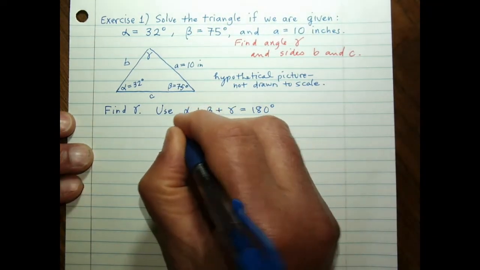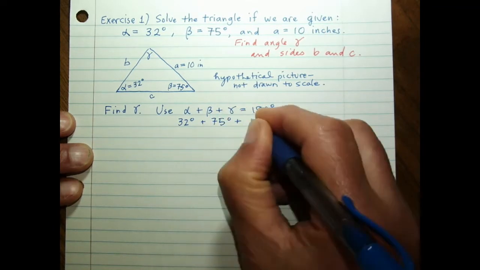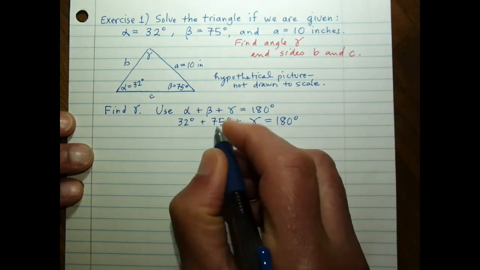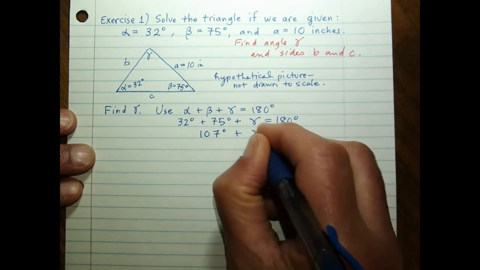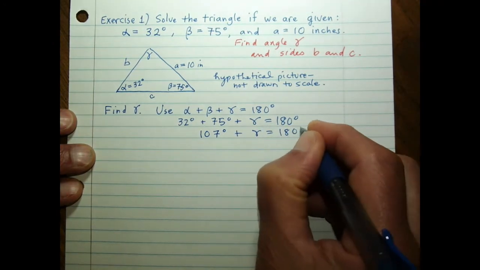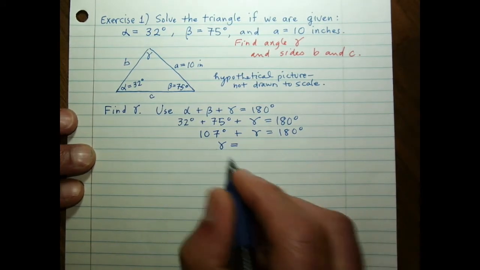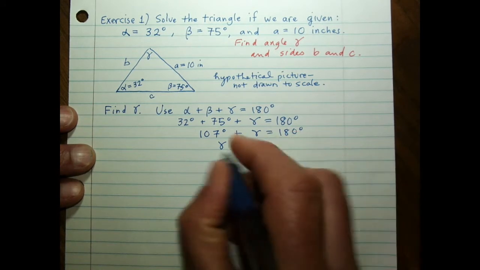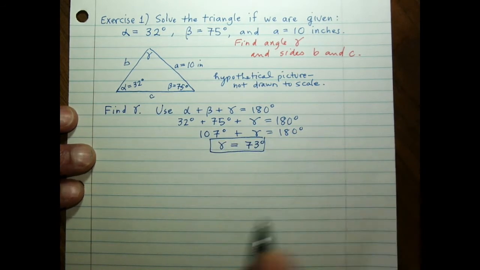So 32 degrees plus 75 degrees plus gamma is 180. 32 plus 75, that's 107, plus gamma equals 180. So that gamma angle has to be 180 minus 107. I guess that's 73 degrees. And we got one of our three bits of information. We got the easy part.